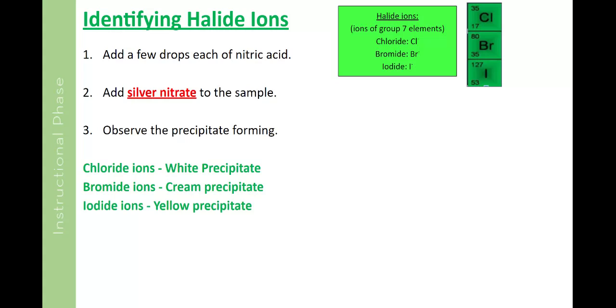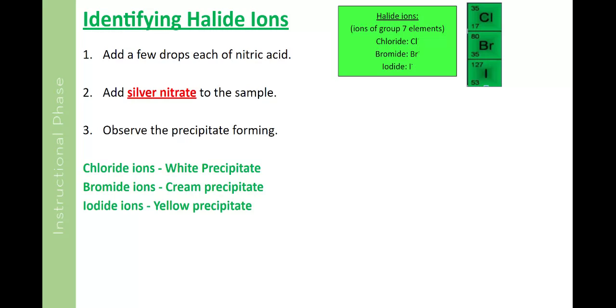So we add a few drops of nitric acid to get rid of any carbonate ions that might be present. Once we've got rid of the carbonate ions, if there were any present, we can then test for halide ions. Now we add silver nitrate to the sample. Just like we used barium chloride to test for sulfate ions, to test for halide ions, we use silver nitrate.